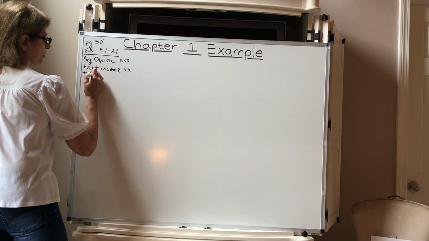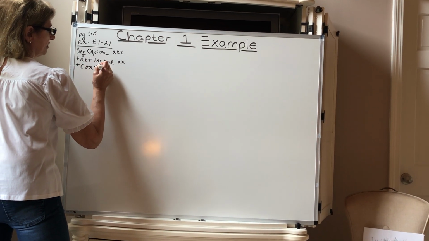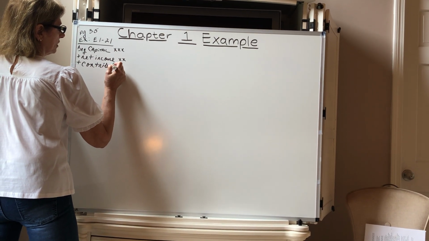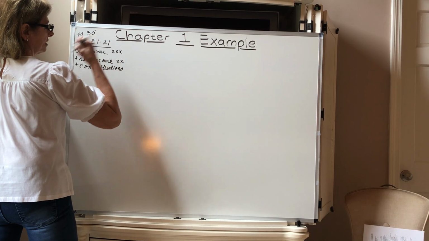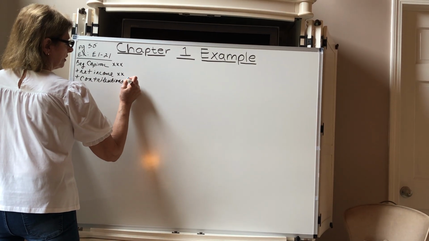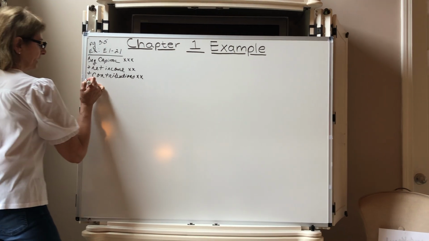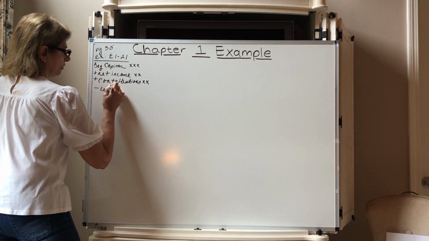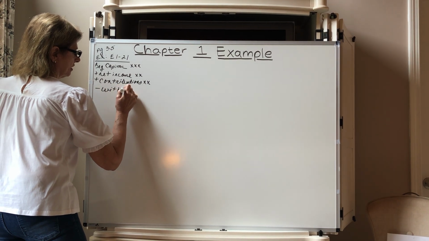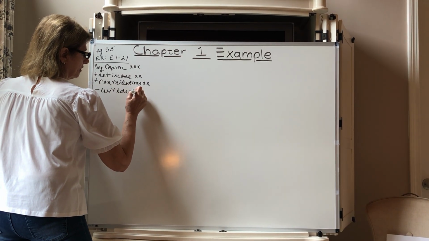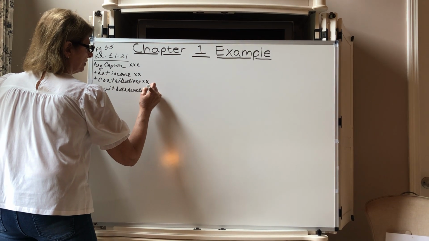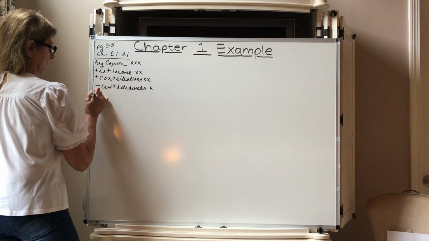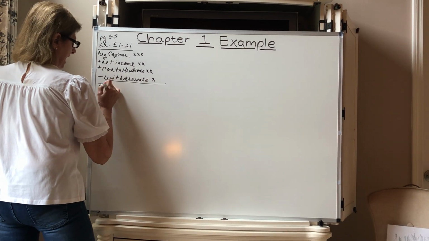Plus any contributions that the owner makes. This is yakking back and forth, okay? Minus anything the owner takes out for personal use. This is called withdrawals. Let's put 1x there. And that equals the ending.